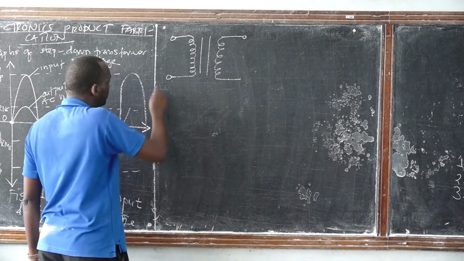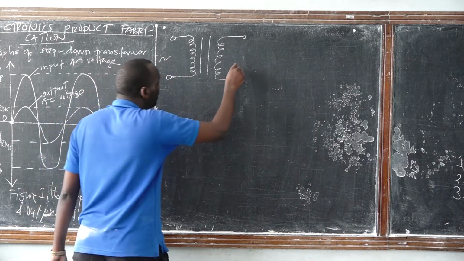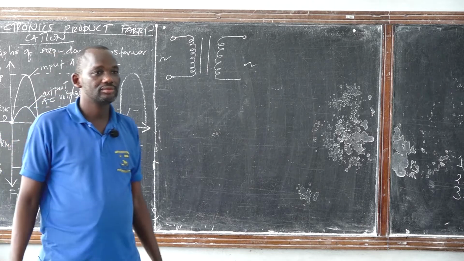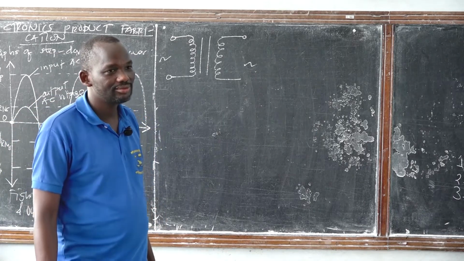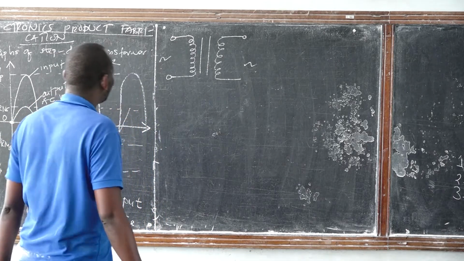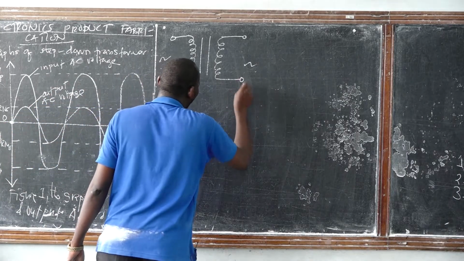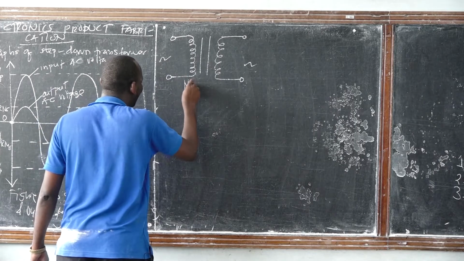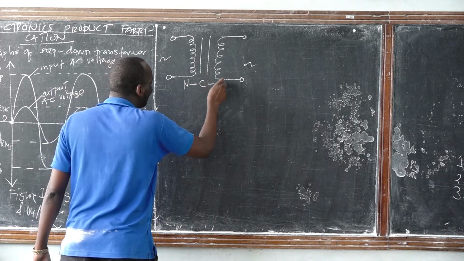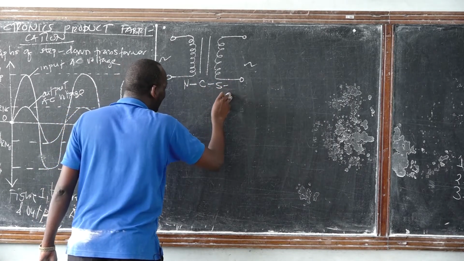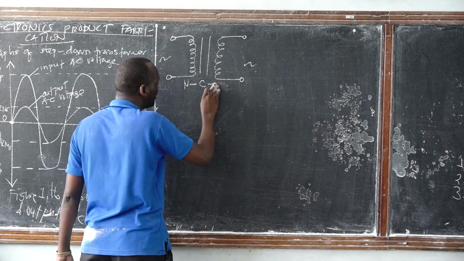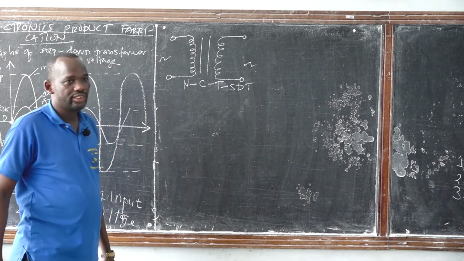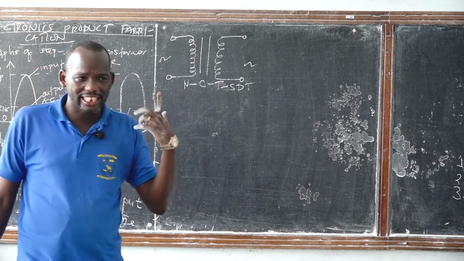This is alternating signal. This is alternating signal. Okay, this is the non-center tapped step down transformer.